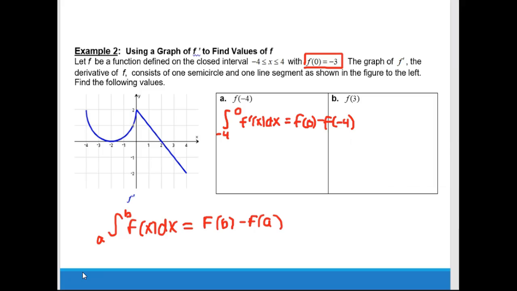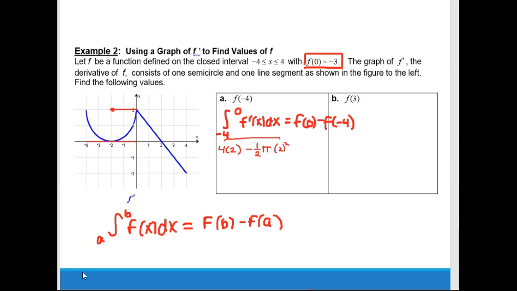So the integral represents the area under the curve, so that's the area of a rectangle. So the rectangle has width 4 and height 2, minus the area of a circle. So it's a half circle, which is 1/2 pi. The radius is 2.